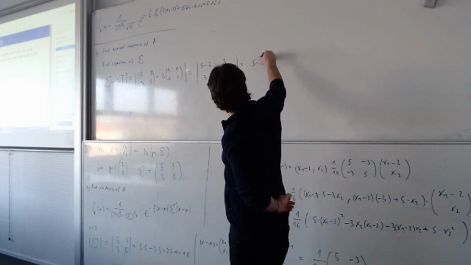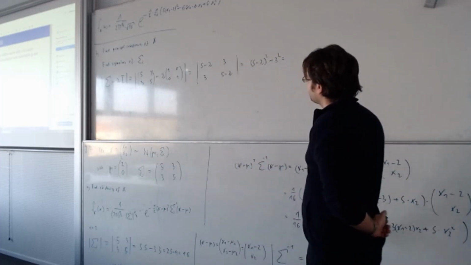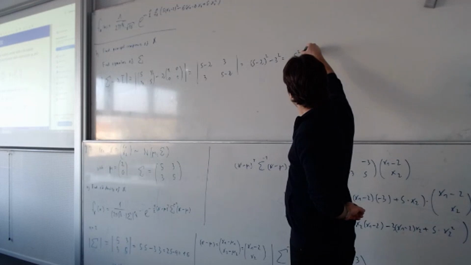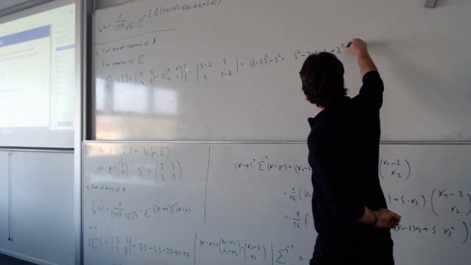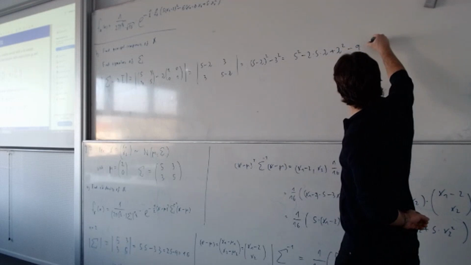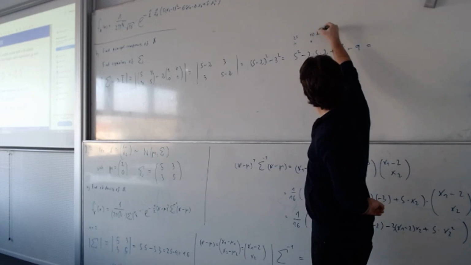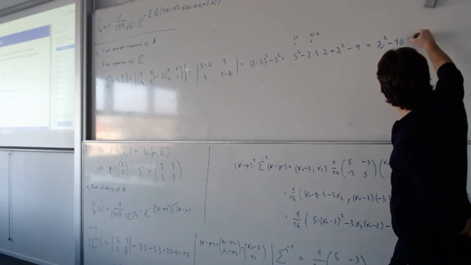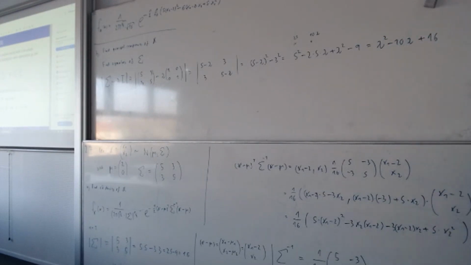So we get (5 minus lambda) squared minus 3 squared. So we get 5 squared minus 2 times 5 times lambda plus lambda squared minus 9. So this is 25, this is 10 lambda. So we have lambda squared minus 10 lambda, and then 25 minus 9 is 16. And this needs to be equal to 0.